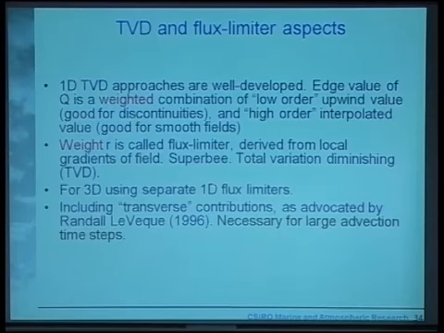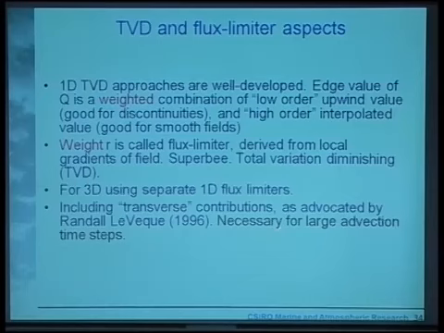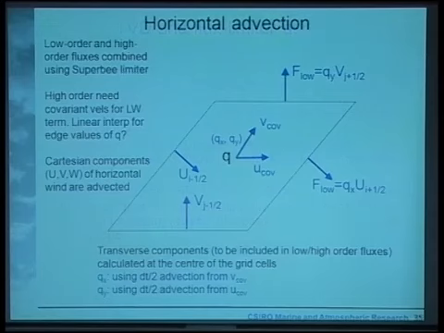For 3 dimensions it's more complicated, and you need to include these transverse contributions, and I'm loosely following Randy Levesque's description of this, and it seems you need these transverse contributions. So this is describing it here.